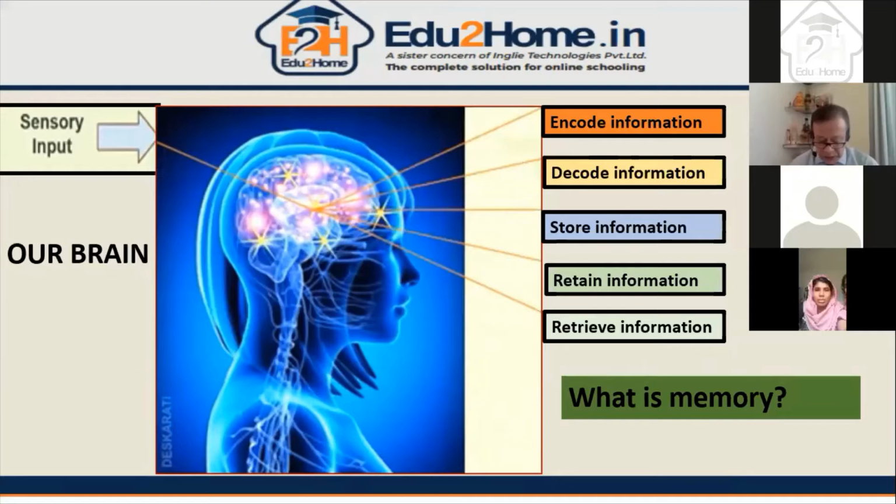Because this particular brain we are talking about can store billions and billions of pieces of information, we can take it out, we can go to any extent, but at the same time there is a process to do that.